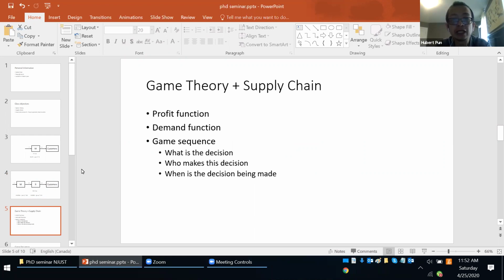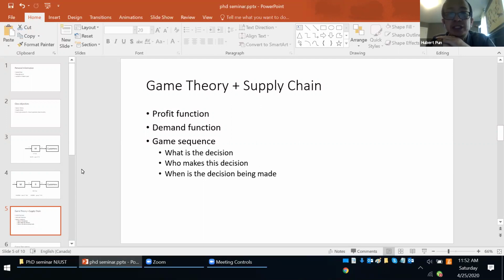The profit function in our case would be profit M and also profit R that I presented in the earlier slide. The second is the demand function, which equals 1 minus P, something I presented in the previous slide as well. The new thing that we have is a game sequence.